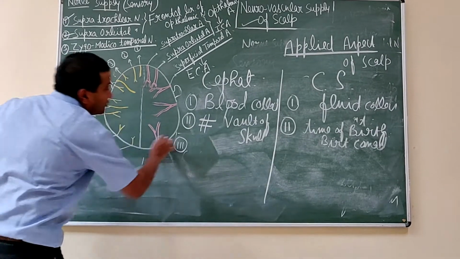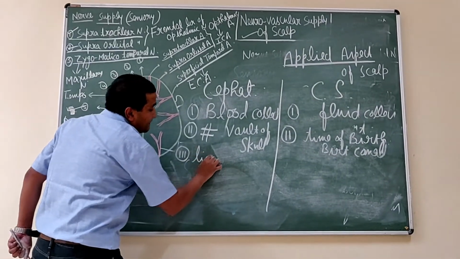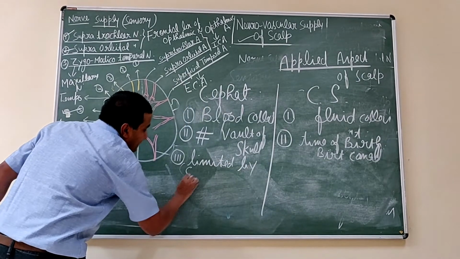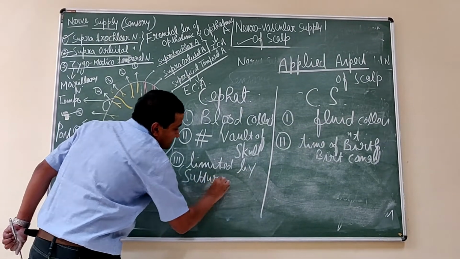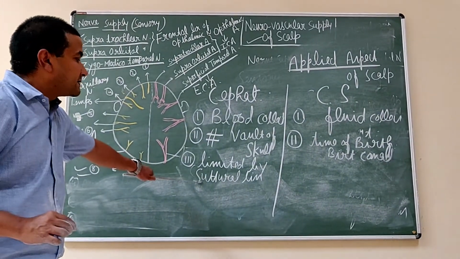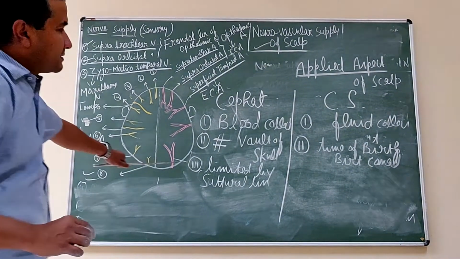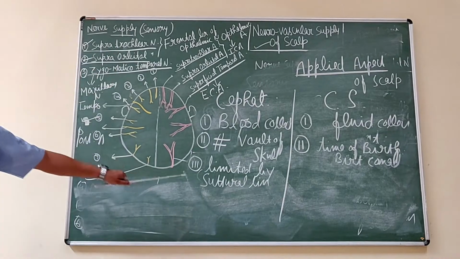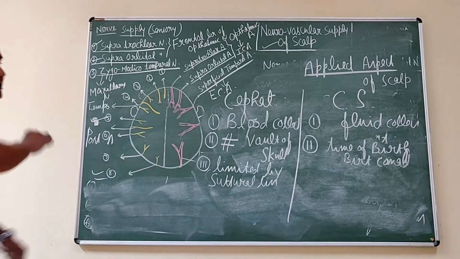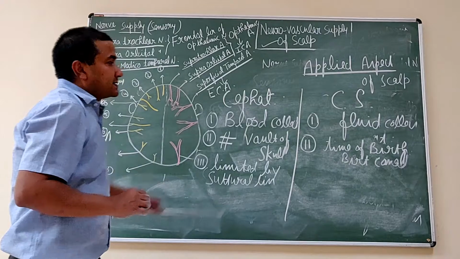Another point: this cephalohematoma is limited by the suture lines. Limited by suture lines means it does not cross the sutures, because at the sutures, as we have discussed, the pericranium layer is fused with the endocranium layer by the suture ligament, so it does not cross the suture lines.